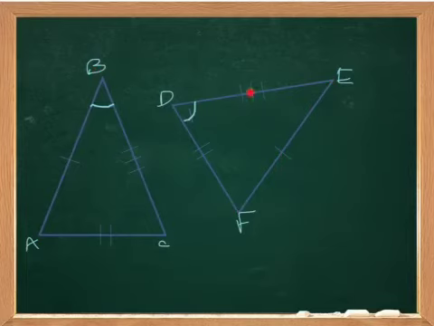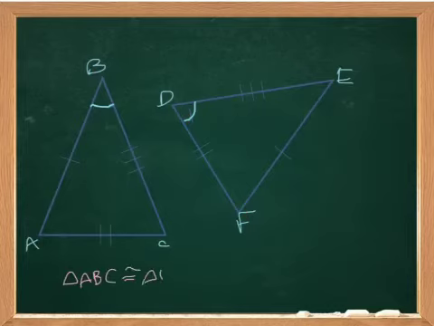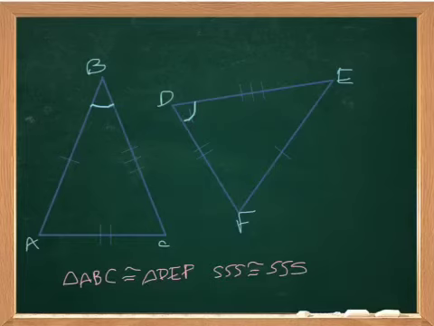BC and DE, those are our corresponding sides, are congruent. And AC and DF are congruent. So we could say that triangle ABC is congruent to triangle DEF because three sides are congruent to the corresponding three sides. So that's one way that we can prove them congruent.